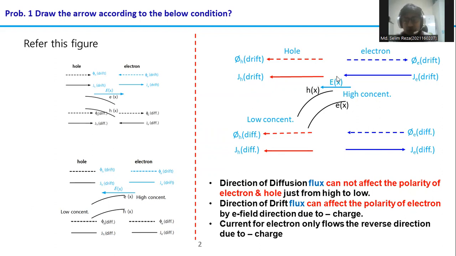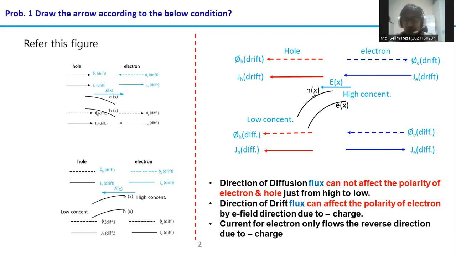And if we go for the electric field, it always affects the negative charge. So the negatively charged electron will oppose it. If the electric field is in this direction, the electron will go this direction. This is the drift current, and this is the drift flux. The drift flux will be this direction, and since the electron drifts this way, the current will be in the opposite direction.